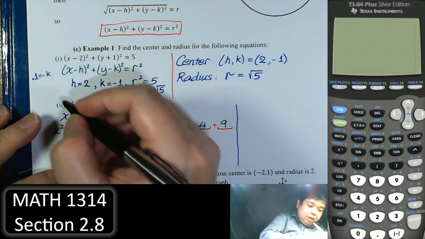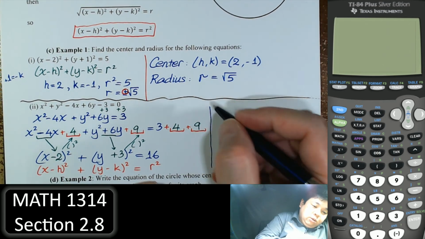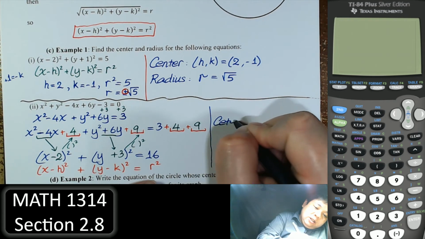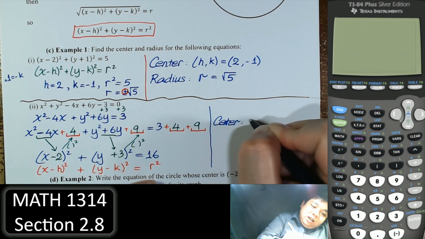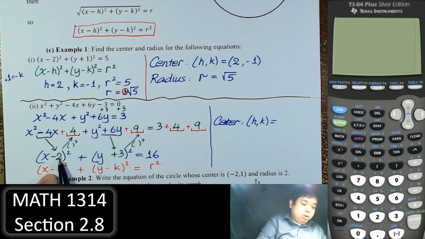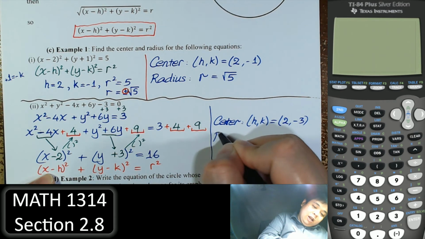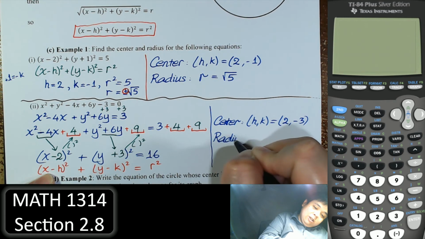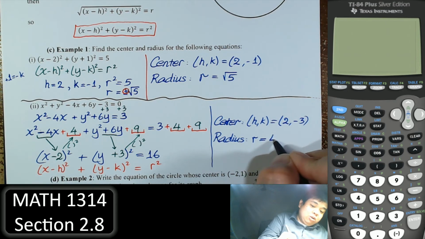The equation of a circle, we have the center (h, k), and this one h is equal to 2 and k equal to negative 3, and the radius: r squared is 16, take the square root of that, plus or minus 4, but once again we only choose the positive.